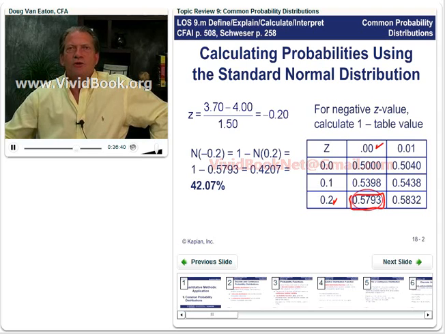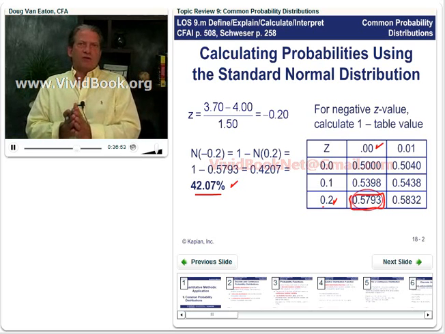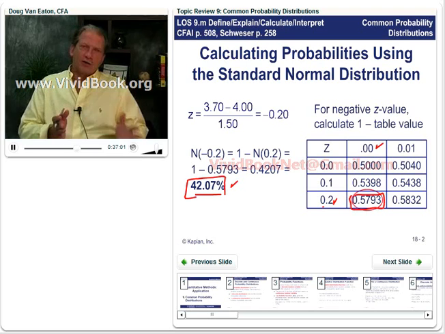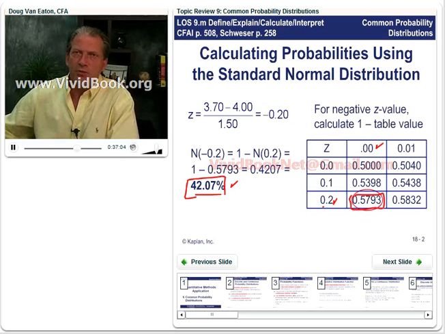Now, had you looked it up on a negative z-value table, then the 0.2 and 0.00 box would have had that right there. And how do you know which is which? Well, 50% is the dividing line, right? That's 0 standard deviations from the mean. So for negative, we should be less than 50%. For positive, we should be more than 50%. So that should help you keep that straight.